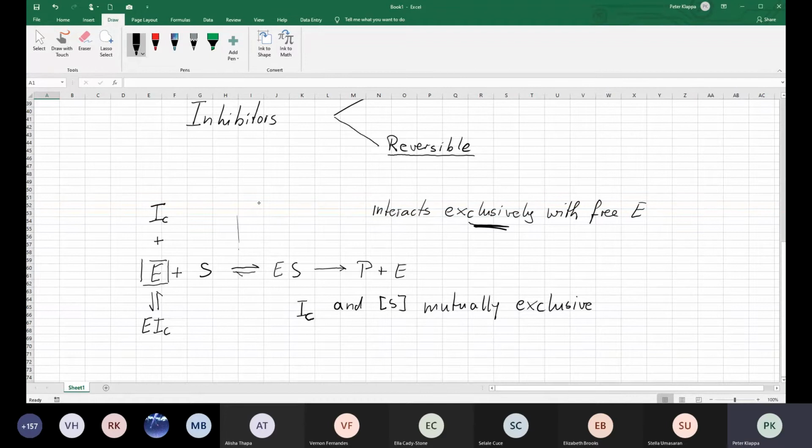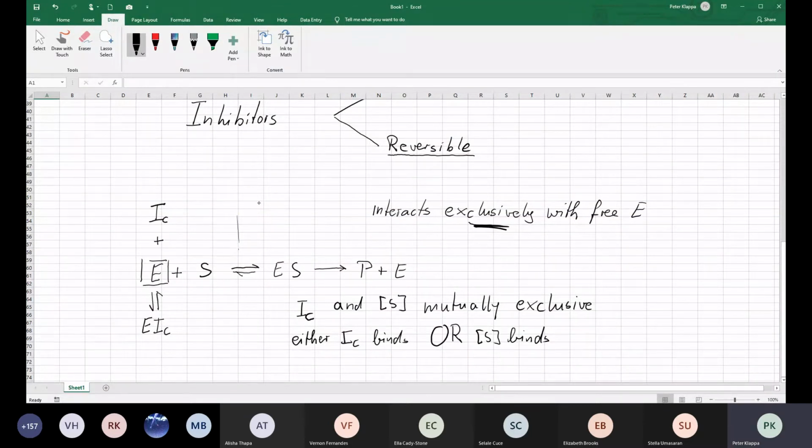Either the inhibitor binds, either IC binds, or substrate binds. They cannot bind at the same time.